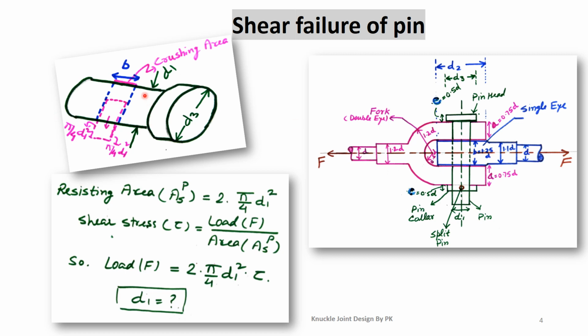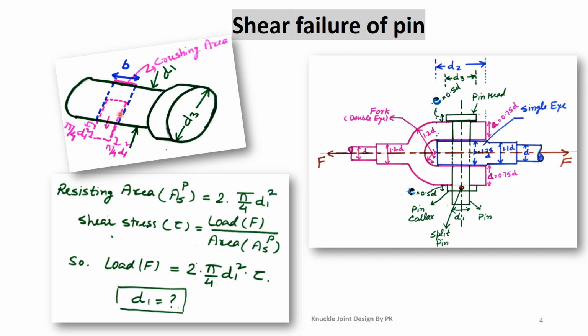Let us discuss this in more detail. This is a pin whose head diameter is d3, and the diameter of the pin is d1. This blue dotted line shows the shear areas, or the shear planes, or the locations of the shear failure.